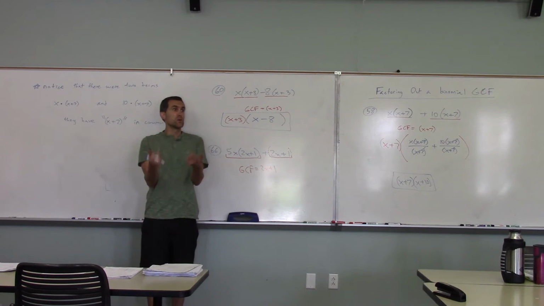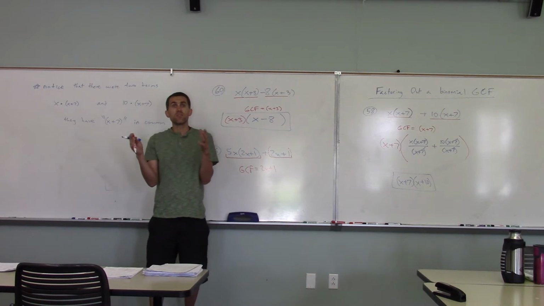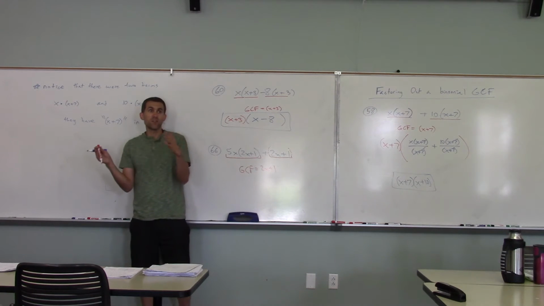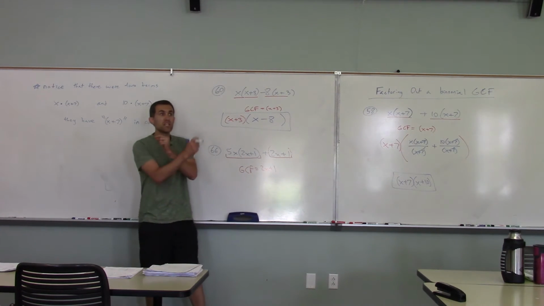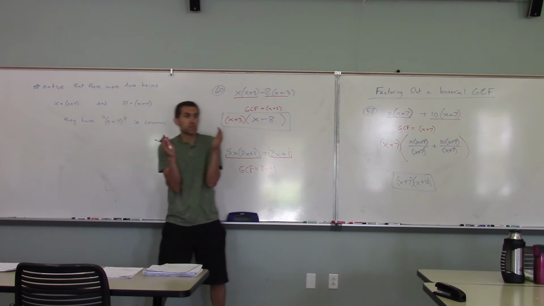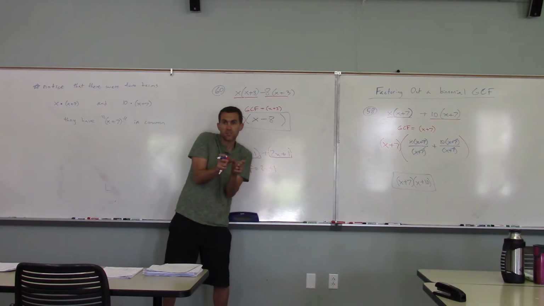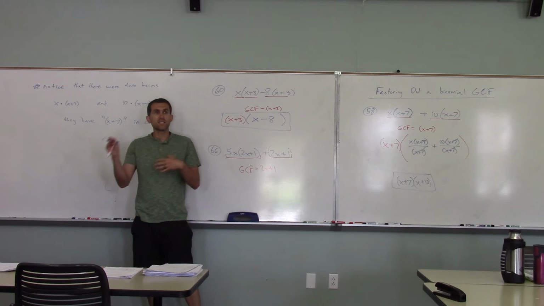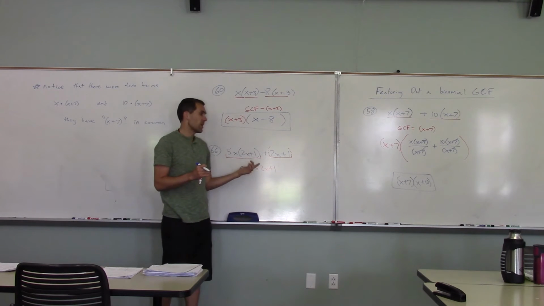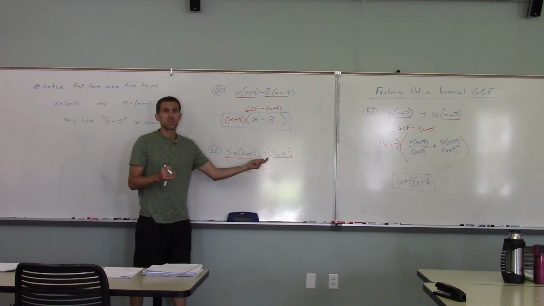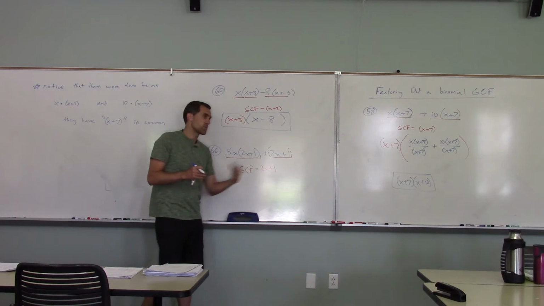As you get to 263, there could be 5 or 6 terms, and you have to cleverly group them, maybe even rearrange them, and it gets much crazier, more exciting. But right now, we're going to have 2 groups: the first group will be the first 2 terms, the second group will be the second 2.